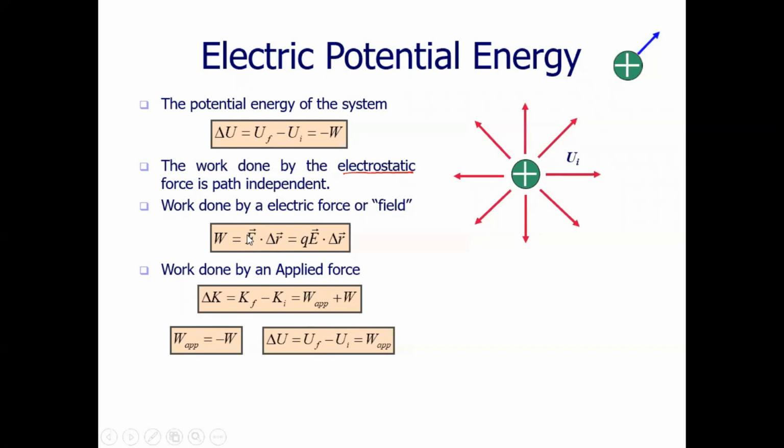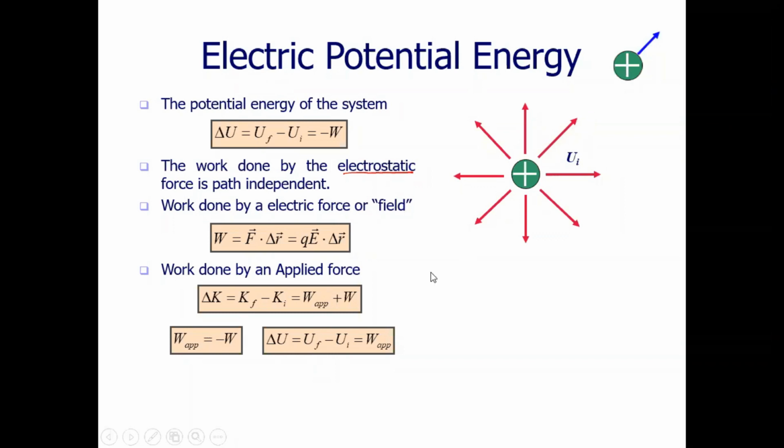Remember, this force is just the product of the charge and the electric field. So this force is nothing but Q, the magnitude of this charge, times the electric field within which it is placed, and then you are finding the dot product of this force with the displacement.